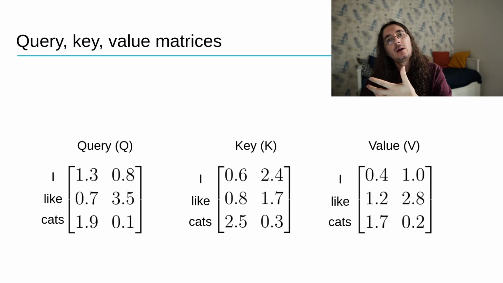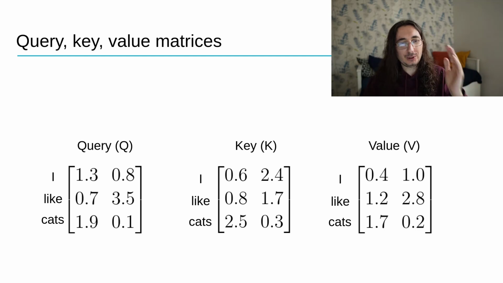Now let's move on and check out the 3 other matrices: query, key, and value matrices. And here you have them. They have the same dimensionality as the input embedding matrix, but this is just by random choice. You could potentially decide to have a different number of embeddings than we had with the input matrix. But usually you would have the same dimensionality.